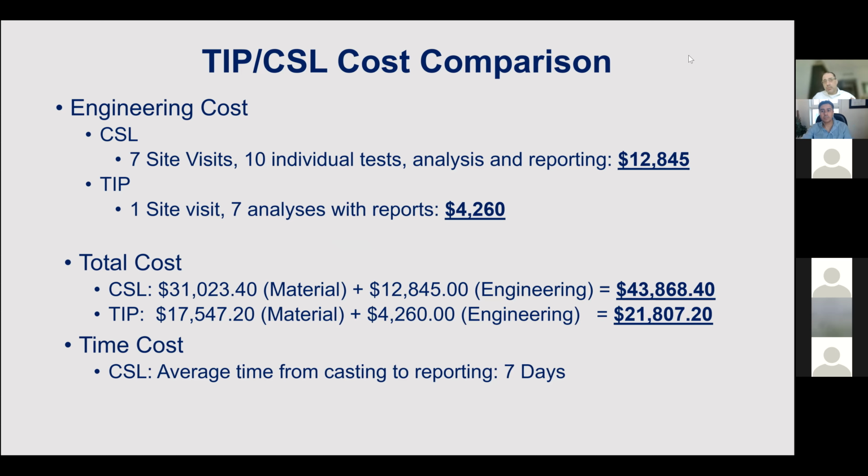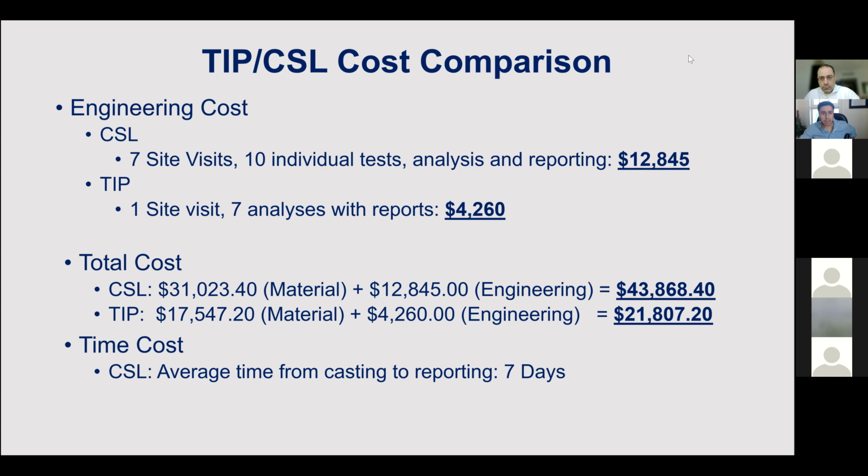You resolve any misalignment. You resolve the concrete cover issues, which sometimes becomes a heated discussion between the contractor and the engineer. The engineer is saying, I see the cage on top is like that, how am I to know that it's not the same all over? This method can resolve that, and kill that discussion. So there is a cost for the thermal for sure, but it is a comparable cost to the other CSL method, which is widely used.